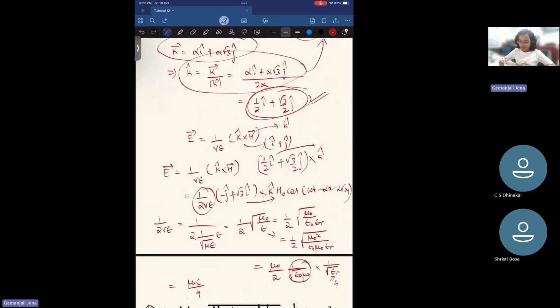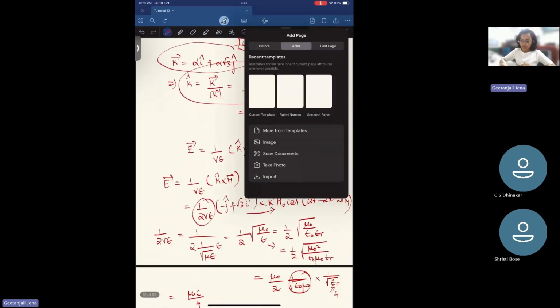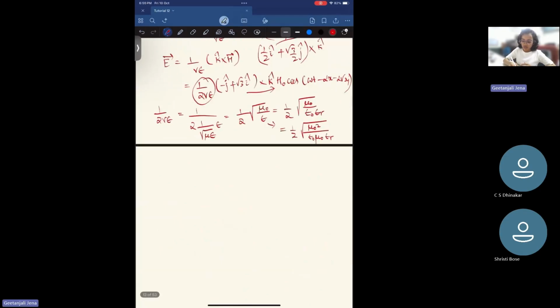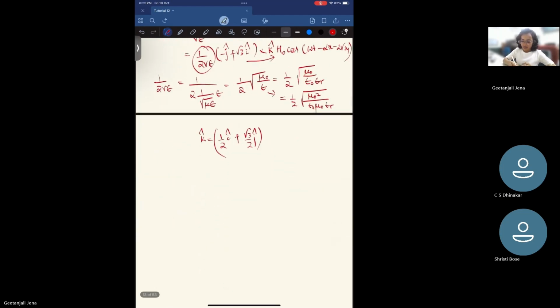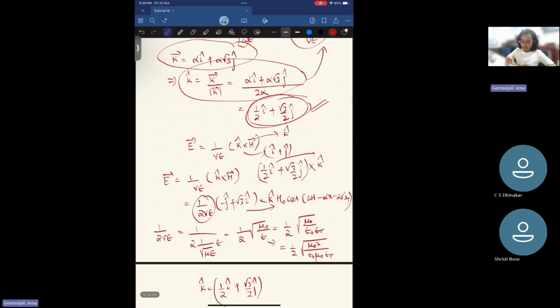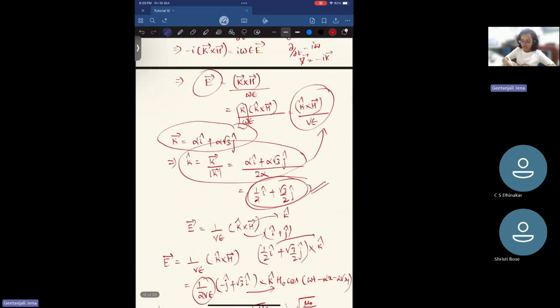And the k unit vector you are getting is half I cap plus root 3 by 2 j cap. And we have E, so we have an expression like this, right? So I think this one is also fine.